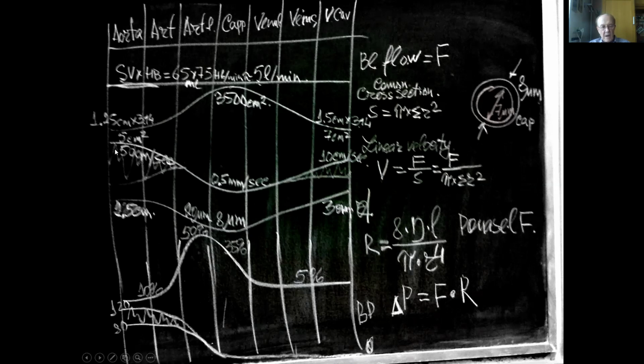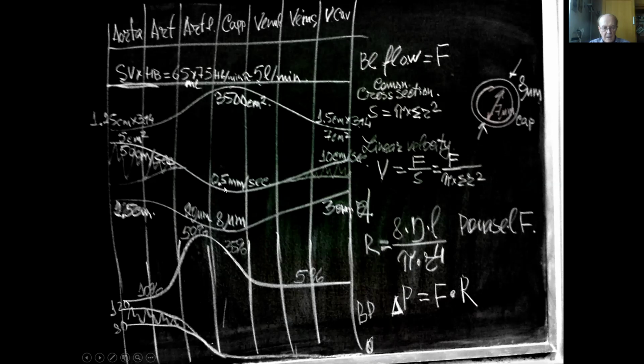This is the very important parameter. This is the linear velocity. This is the volumetric blood flow. It doesn't change in all blood vessels, but the linear velocity decreases. The maximum linear velocity happens at the beginning of the aorta. The rate of the linear velocity is 50 centimeters per second.